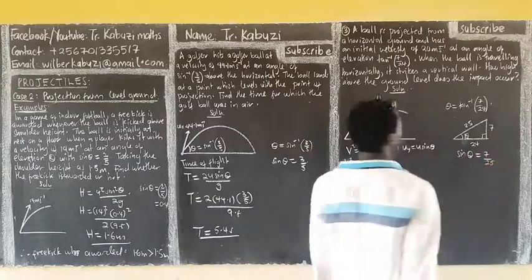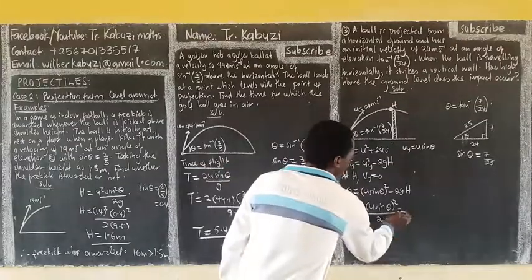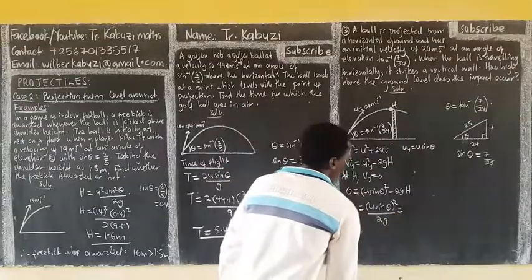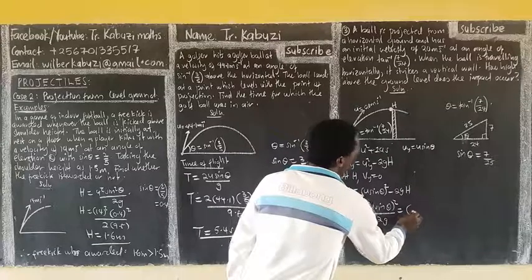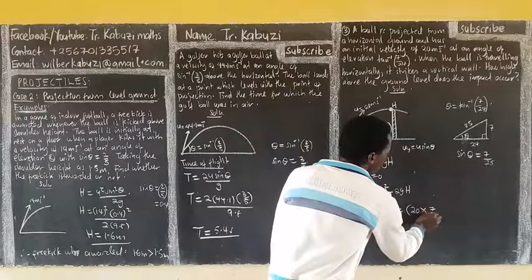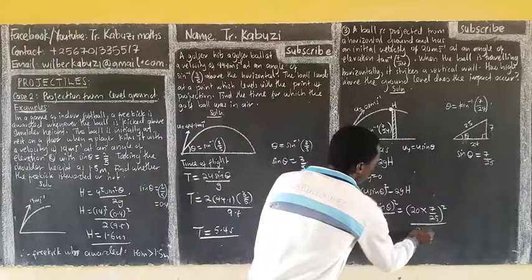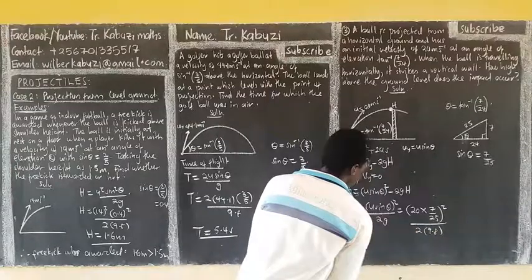Putting them there, we shall get now our h. From there, it is 20 times sine theta, which is 7 over 25, the whole squared, divided by 2 into 9.8.